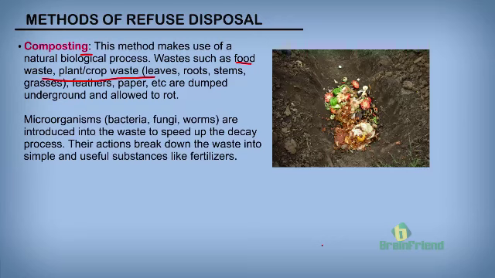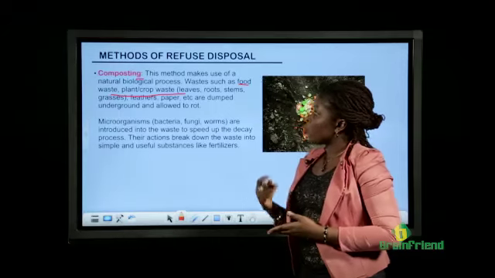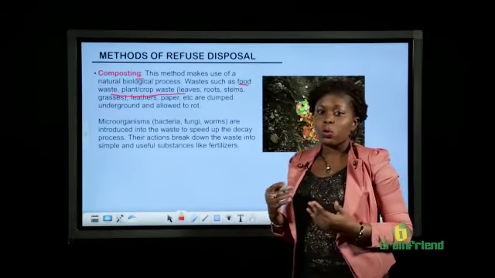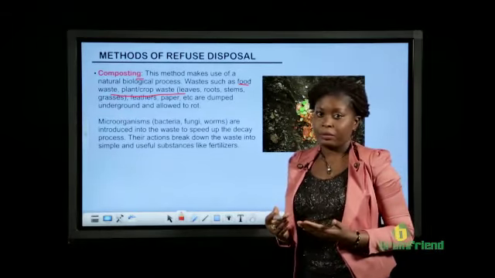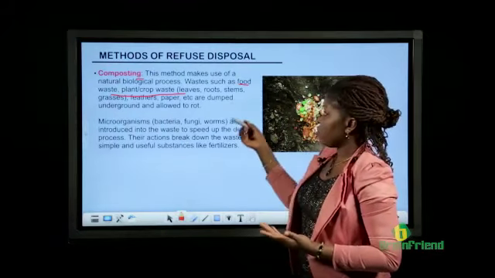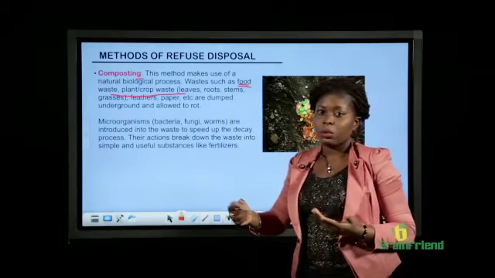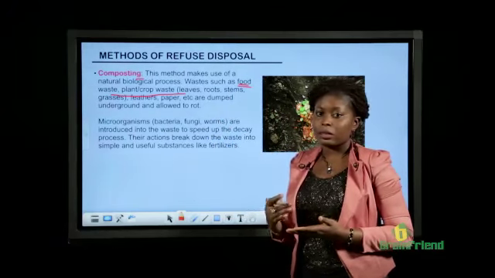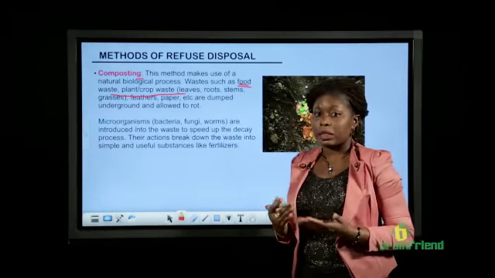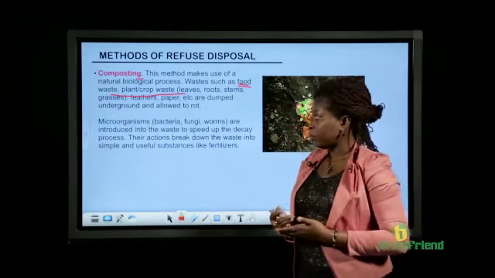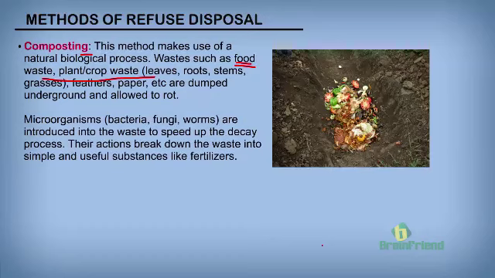It's important for us to note at this point that the wastes that can be disposed of with this method are wastes that can decay. So that is why we have things like food waste, plant wastes. Waste such as plastics and metals which do not decay cannot be disposed of with this method. So these wastes are dumped on the ground, as we can see here.